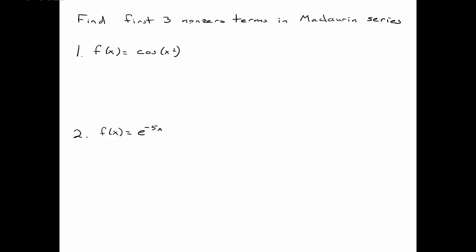Okay, so if you look in the table, the expansion for cosine, okay, and instead of x, we have x squared. So we're changing all of our x's to x squared. So instead of x squared, we're squaring x squared.